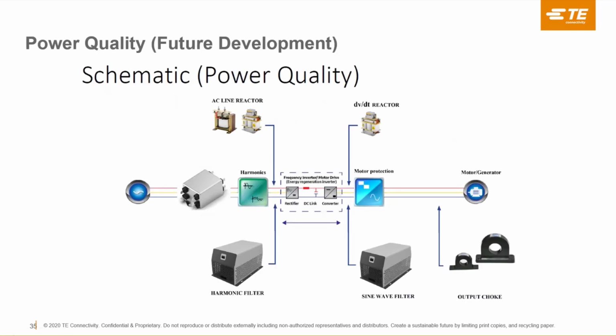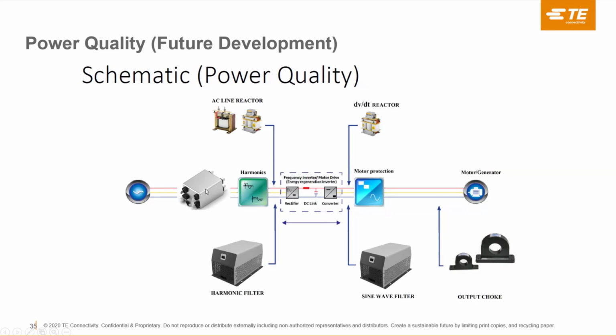This shows you what power quality is, and I'll just cover it real quick, but just know you'll probably be hearing from us relatively soon on this. Here's a schematic of power quality, and if you see that line filter there on the left side, this is the space that TE plays in right now.